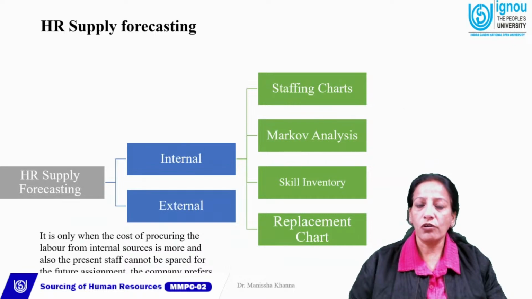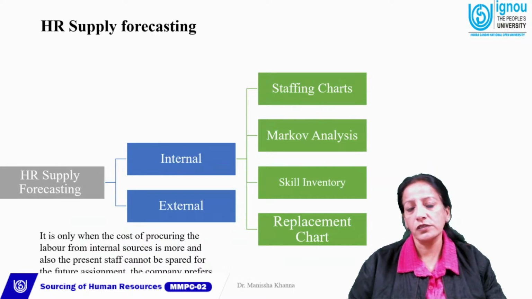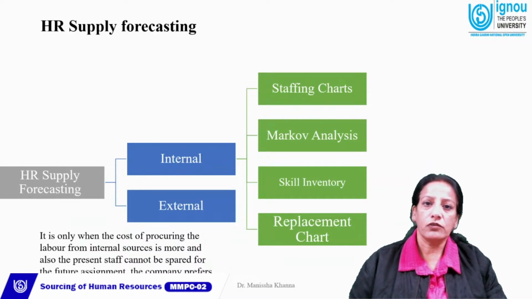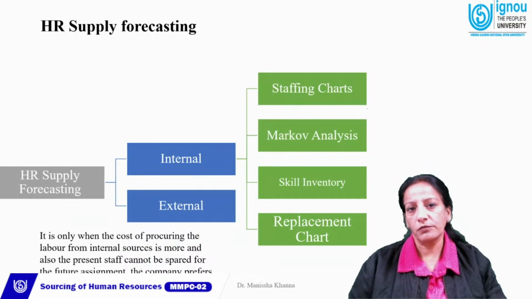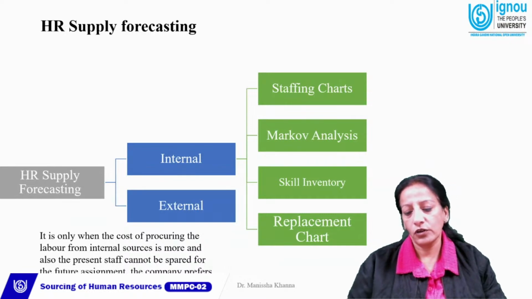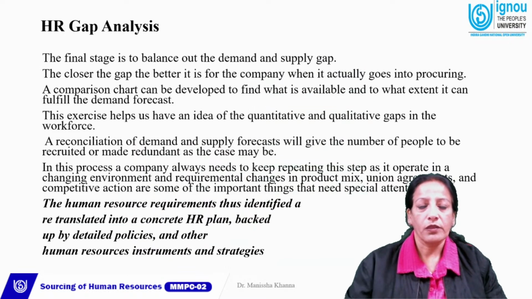Unless it is very crucial, or the labor procuring or retaining of the workforce is difficult, or in case of any uncertainty, there they look after future assignments where the company looks out for external vendors for the supply of their human resources.